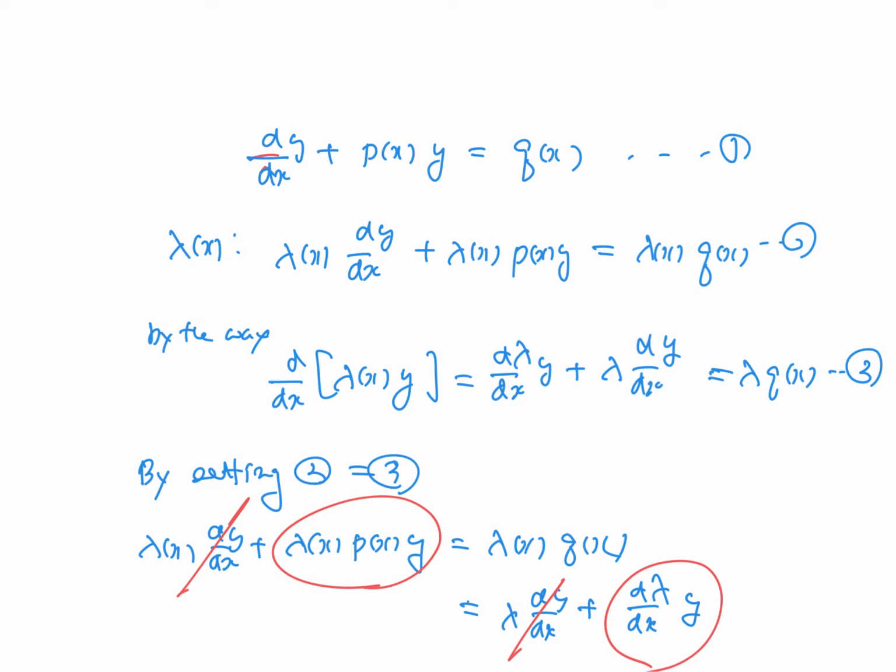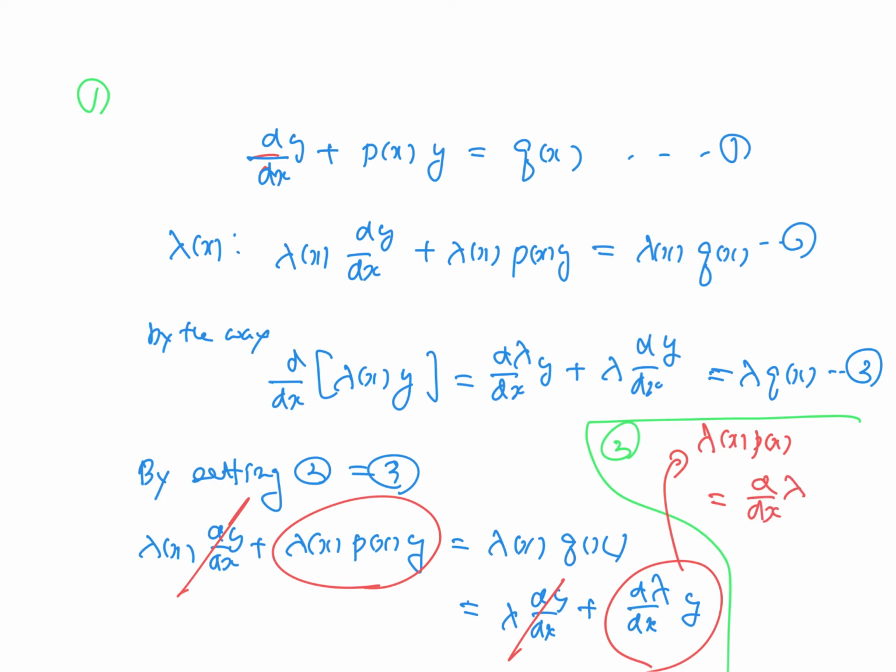So lambda(x) p(x) is d lambda/dx, or 1 over lambda d lambda/dx equals p, which is d/dx of ln lambda.